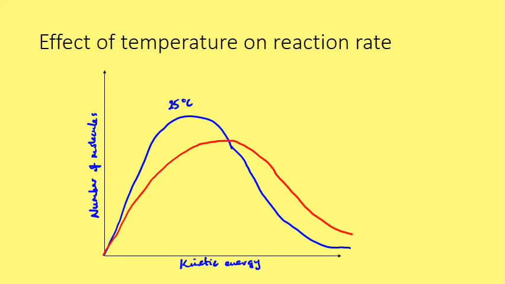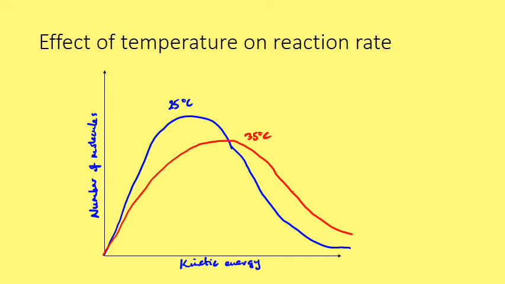So hopefully what that looks like is that the amount of blue that's above the red at lower kinetic energies is similar, or it's supposed to be the same, as the area of red above blue on the right hand side of kinetic energy, because the number of particles are the same. But obviously with a higher temperature, let's say 35 degrees C, more of the particles are going to have more kinetic energy.